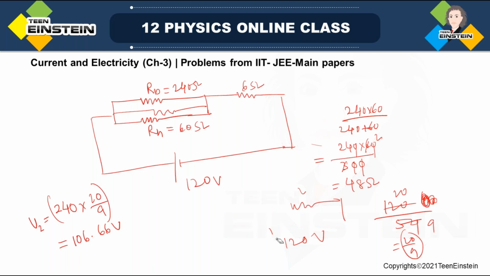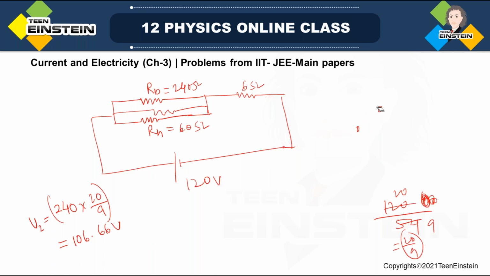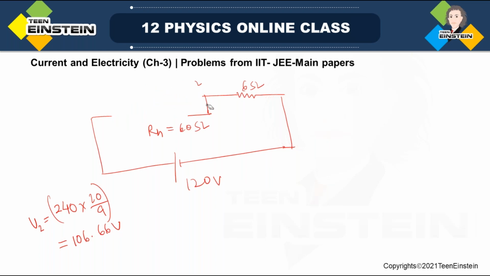I have found this out when the electric heater was connected in parallel. But when it was not connected, what was the voltage across the bulb? Look, this is the bulb, so this has 240. The current will be 120 by 246.